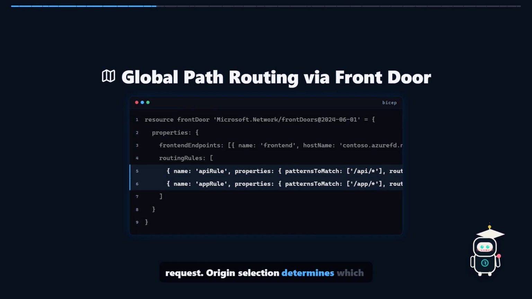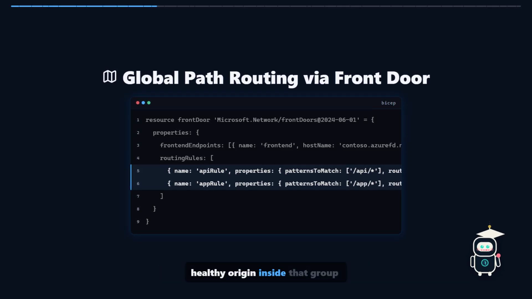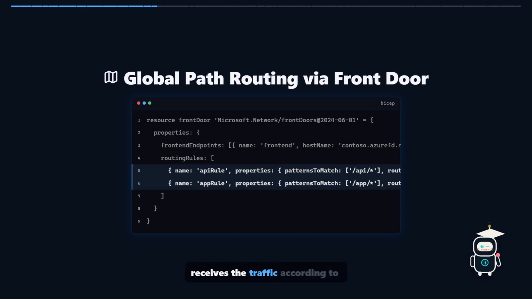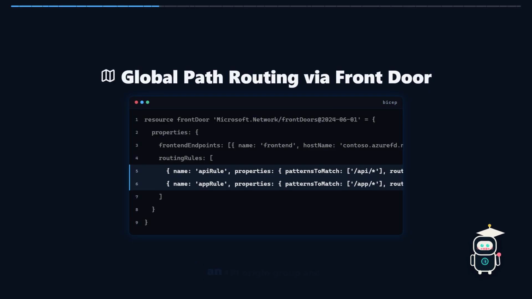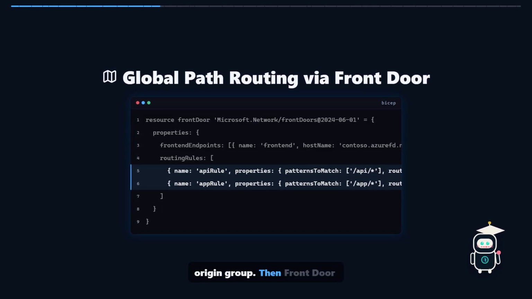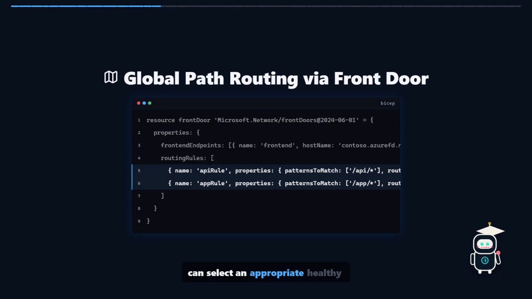Origin selection determines which healthy origin inside that group receives the traffic according to your configured priority, latency, weights, and health status. So you might route API traffic to an API origin group and app traffic to an application origin group. Then Front Door can select an appropriate healthy origin within each group.